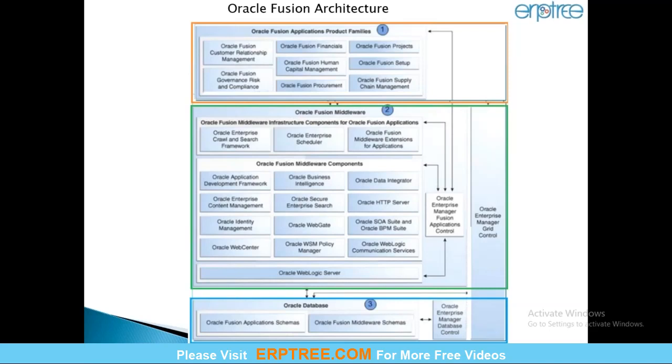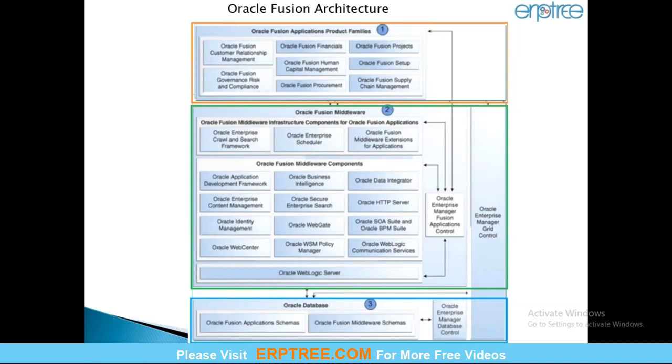The middleware is the platform on which your applications are built, and this Fusion Middleware sits upon the database. So the database layer is at the bottom, on it you have the middleware, and on the middleware you have the applications.